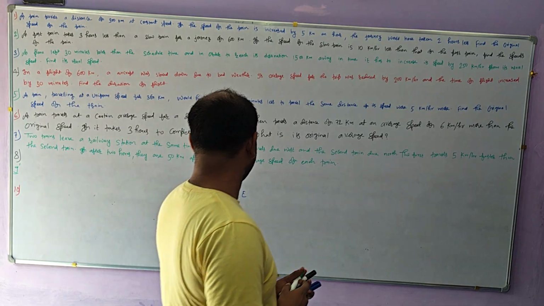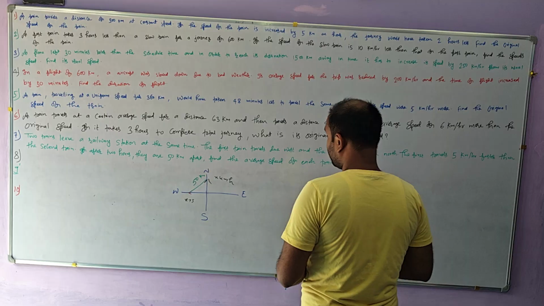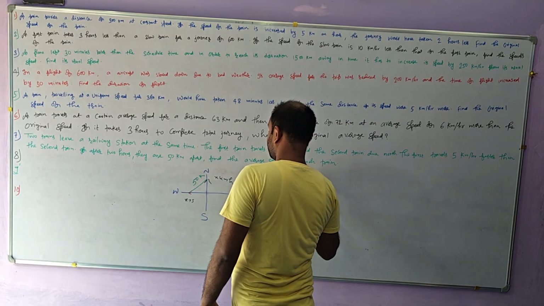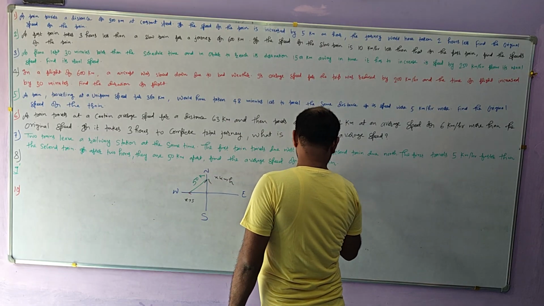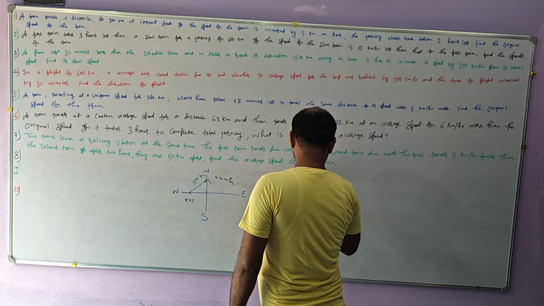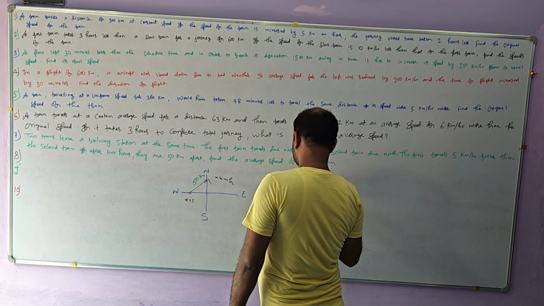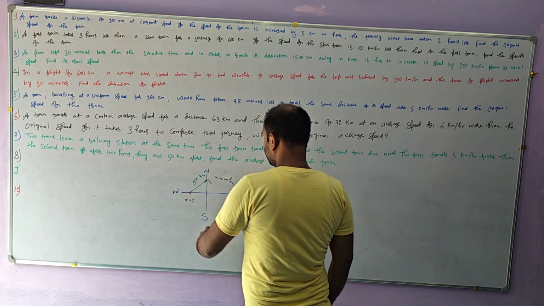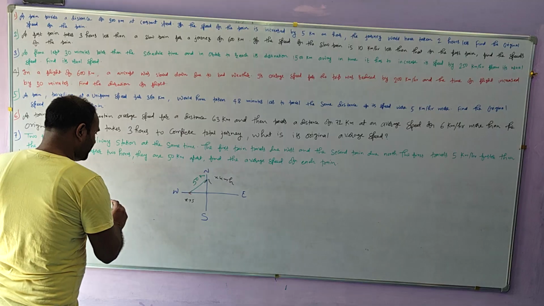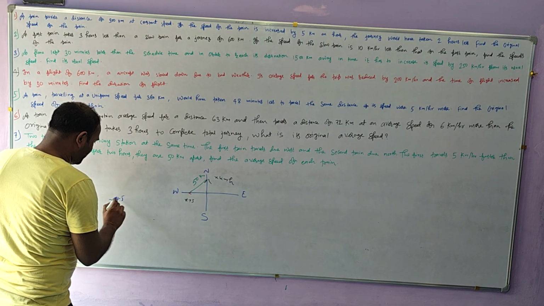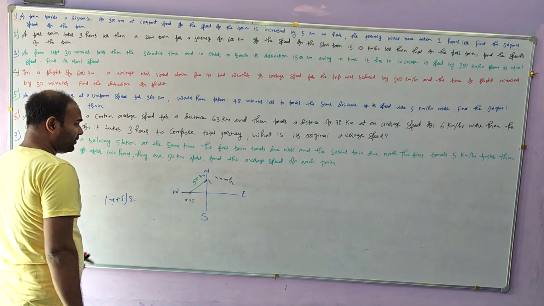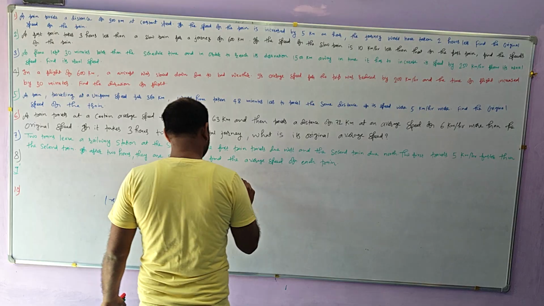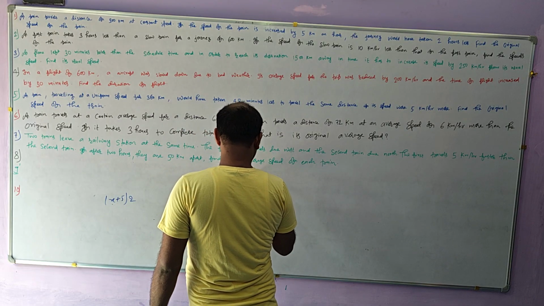So we need to find out the distance towards west and towards north. Firstly, this distance would be x plus 5 into 2, and this distance would be x into 2.